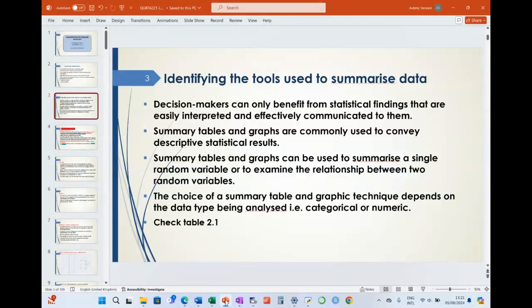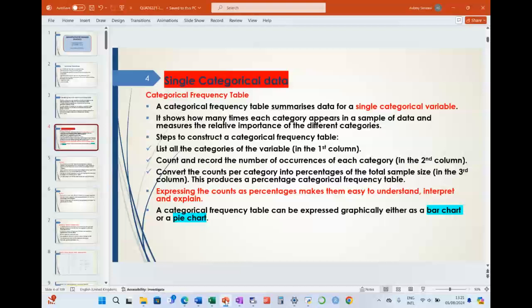All right, so again, the key focus of what we're doing here is so that we can make decisions. And sometimes we have so much information that it's easier to look at it from a graph so that it summarizes the information or the data.